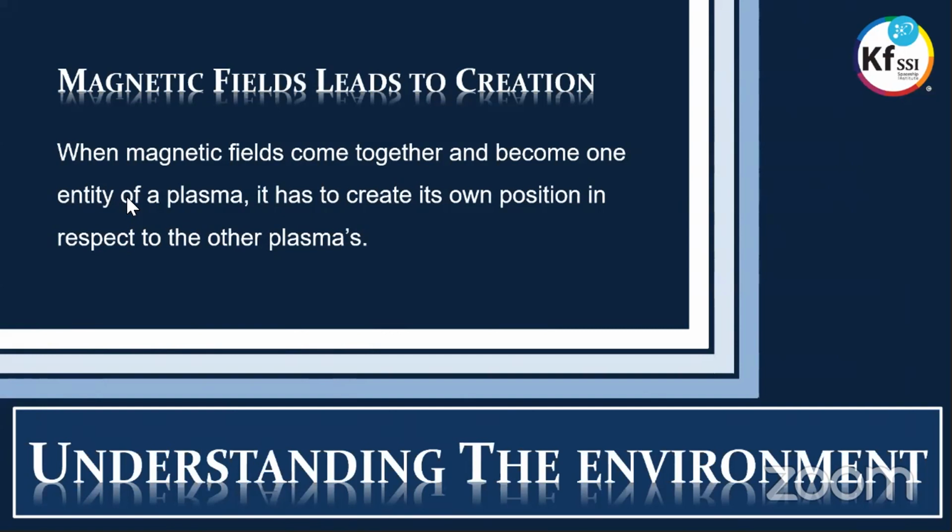When you break that sentence down, it's when the plasma is formed from the magnetic fields and creates its own entity, that entity, if we imagine it as a magnet, now has to interact with all the other entities around it. So due to its strength, it has to find its position amongst all the other plasmas around it. That's essentially what we are trying to explain in that sentence.